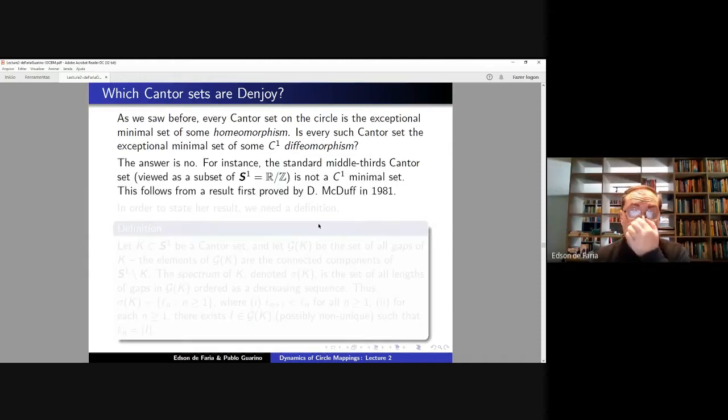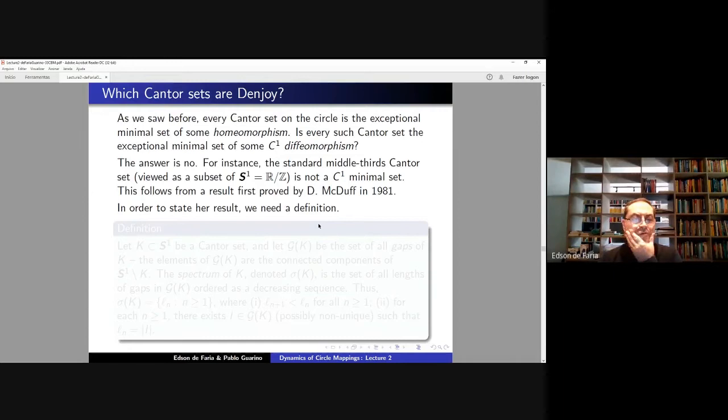And the answer is no. For example, if you look at the standard middle thirds Cantor set and you wrap it up on the circle, you remember that the circle for me is R mod Z. So you take the standard Cantor set in the interval 0, 1, and you just take the quotient of R by Z. You have the standard middle thirds Cantor set placed on the circle now. This is not a C1 minimal set. And this follows from a criterion that was first proved by Dusa McDuff in 1981.